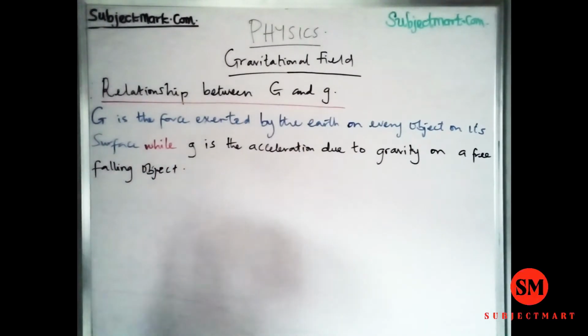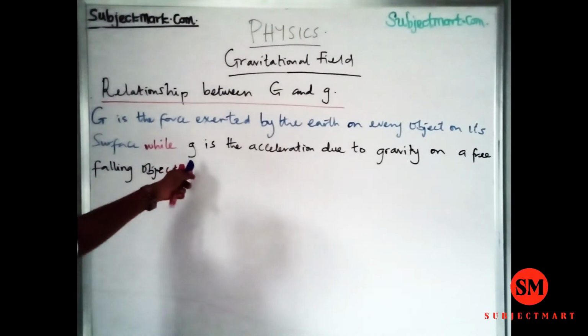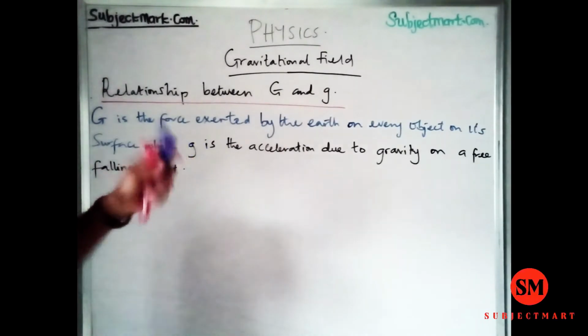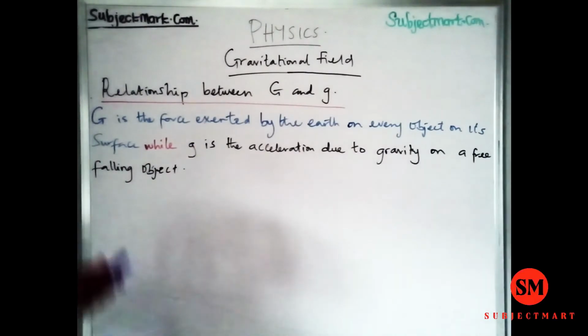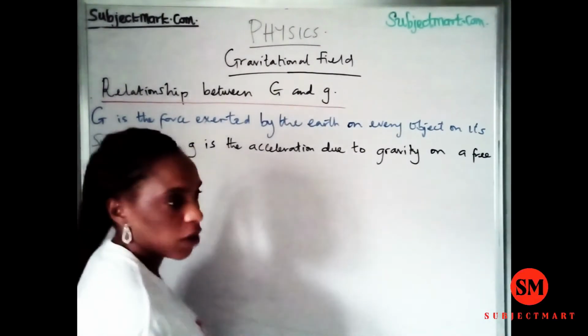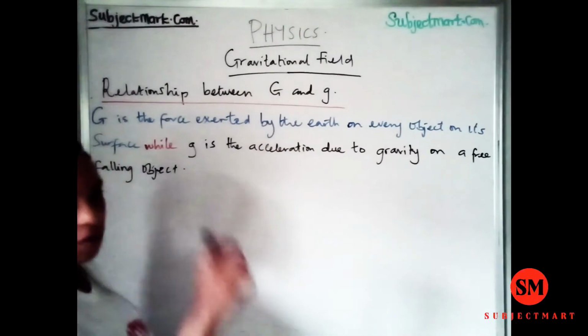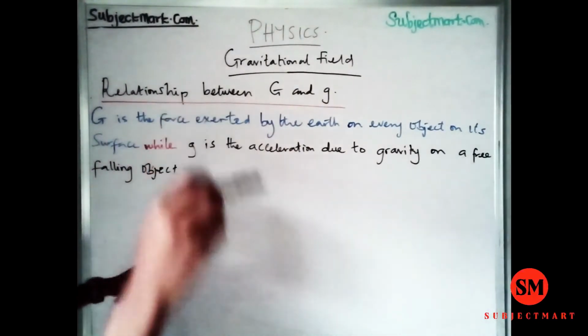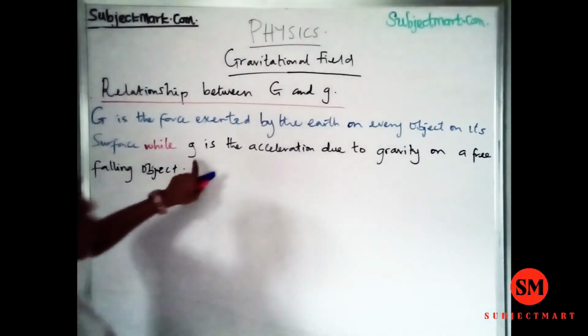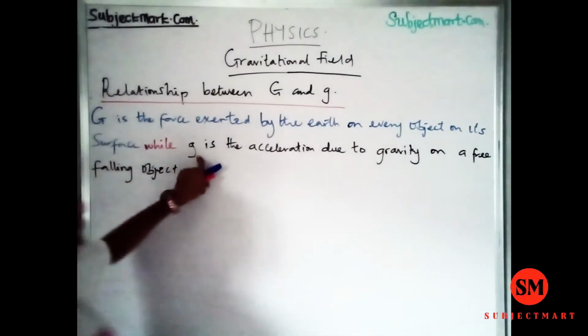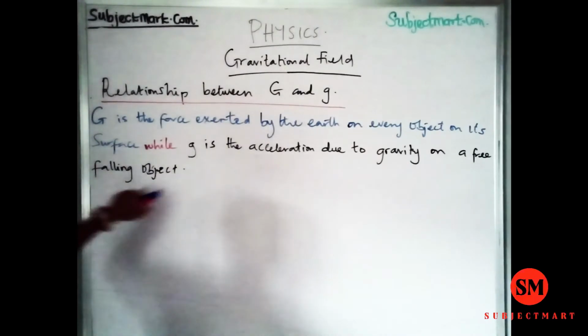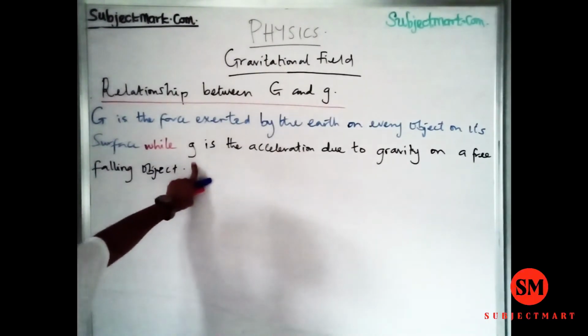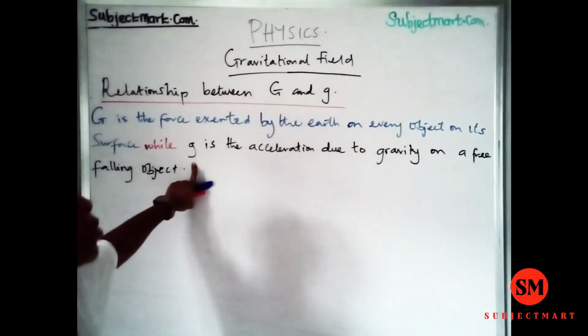What do I mean by that? Small g is responsible for the downward motion of any object that is being thrown upward. Like if I throw my marker up, it definitely comes down, and the acceleration with which it comes down is called the acceleration due to gravity, small letter g. It is attributed to any free-falling object.